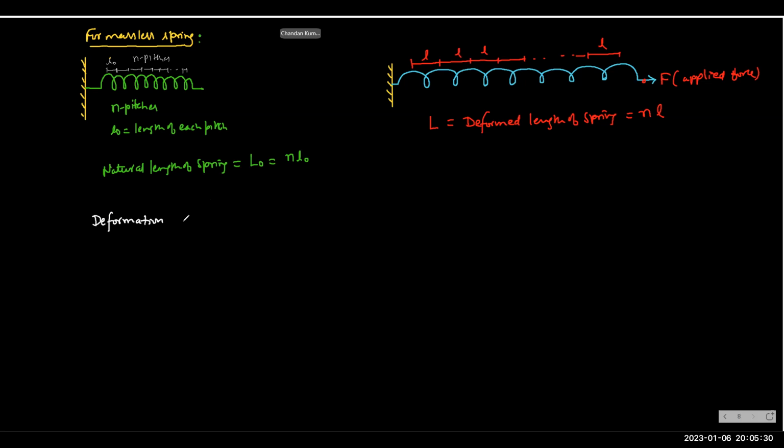So deformation generally we represent by the symbol X. So what is the deformation? The change in length, right? And we only take the modulus because I'm not looking for the change, I'm looking for the change in value, not bigger or smaller. So what is the modulus of change? So what is the deformation, guys? So can we write like NL minus NL naught?